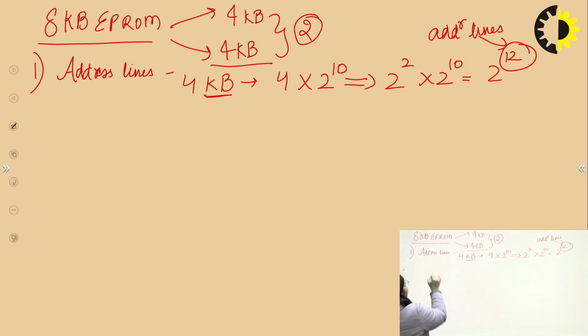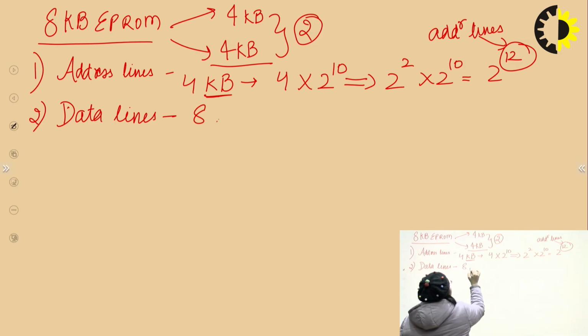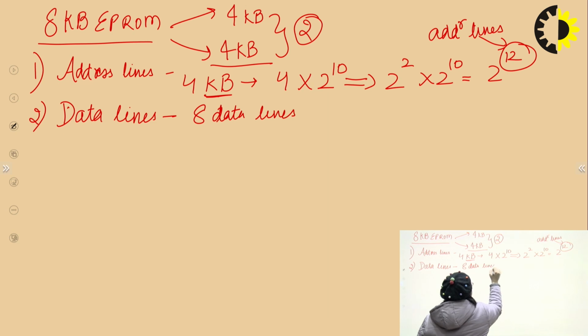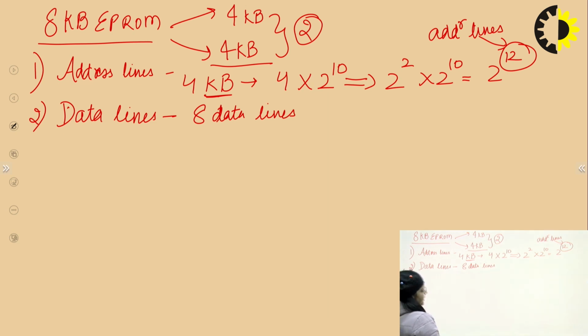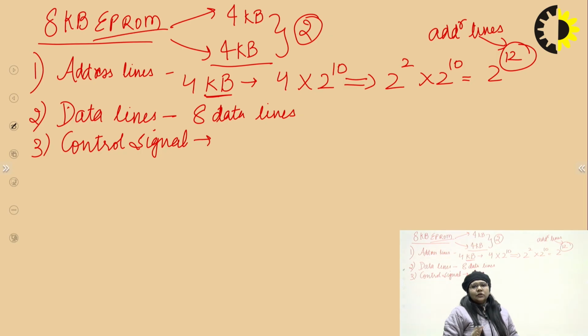Second point is the number of data lines. As we all know, it is the 8085 microprocessor, so the number of data lines is fixed: 8 data lines. Next is my control signal. Control signal totally depends upon what kind of memory we are using. Here I am using ROM. ROM is read-only memory, so only the memory read signal will be used.